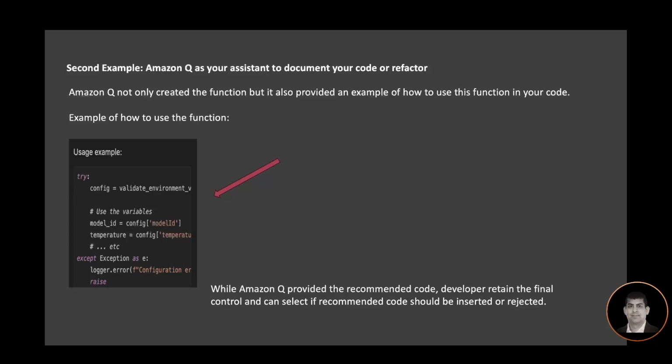As the developer, I retain the final control and can select whether the recommended code should be inserted or rejected. Or I can look at the code and decide to use part of the recommendation and not the entire recommendation. So all of those controls remain with the developer, and it's not replacing the code.